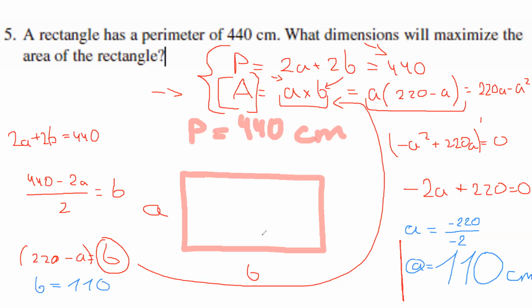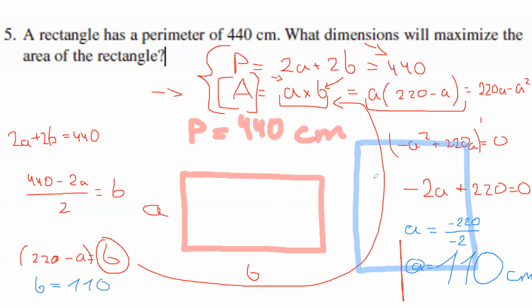What I tried to tell you here is that when you have the same sides, your rectangle is going to have the greatest area while maintaining the same perimeter as some other rectangle. Let me show you. I have a red rectangle, and now I draw a blue square next to it.